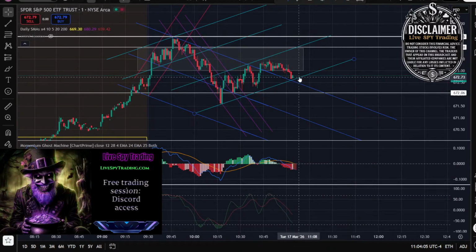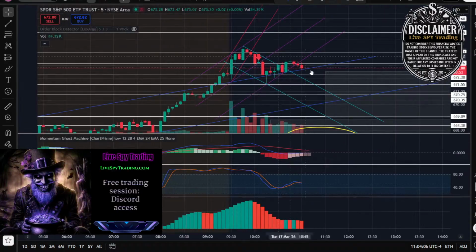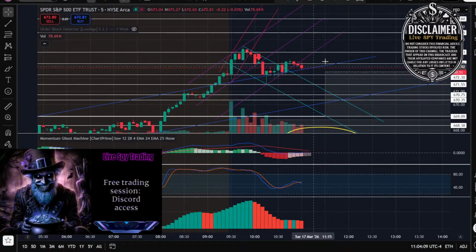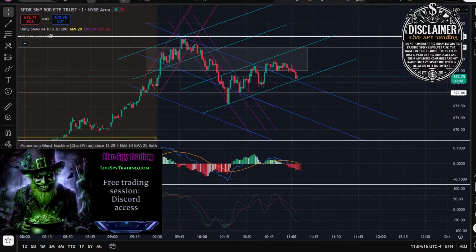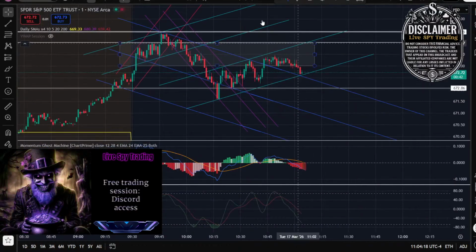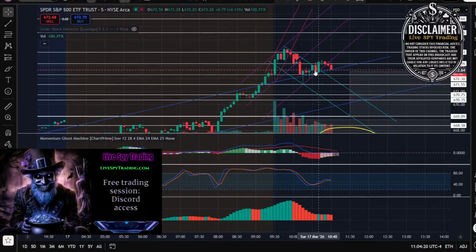See what they got in teal. Remember, this blue is going to be significant. This blue right here, which is kind of lining up with the teal.